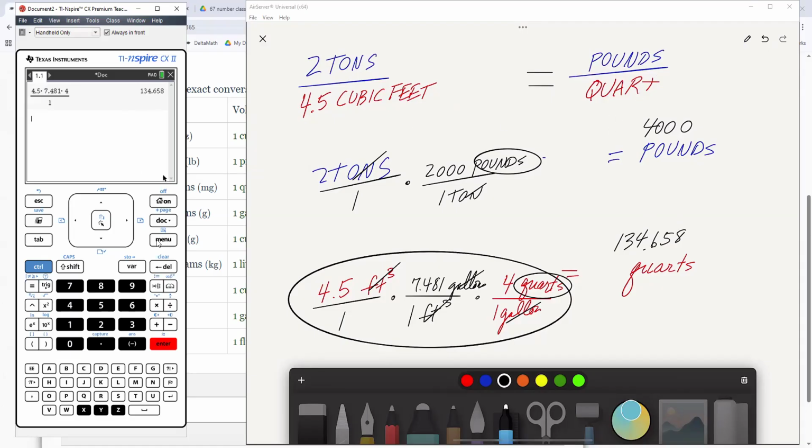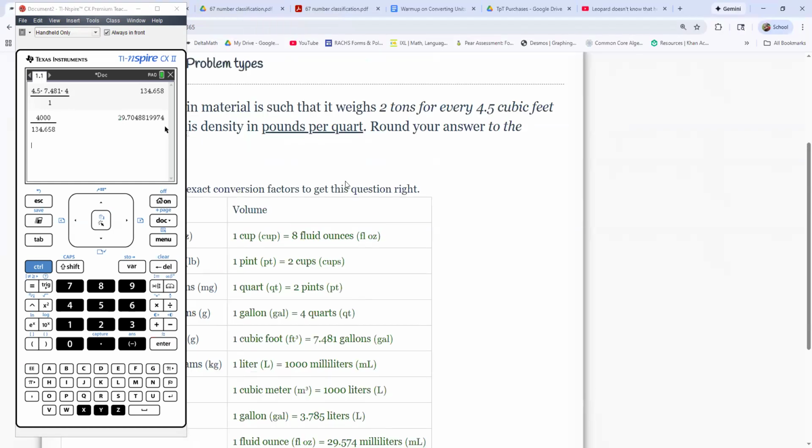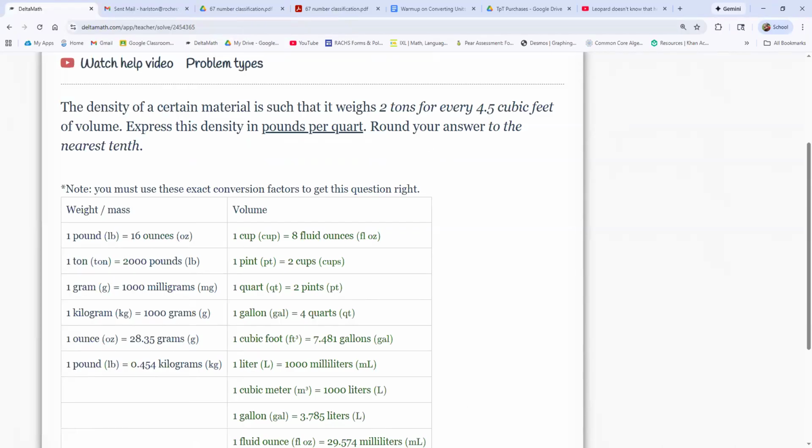All right, so let's do that. I'm going to do 4,000 divided by this number, and then I press enter, and it tells me 29.70488, and so on. They want us to round to the nearest tenth, so 1 decimal place.